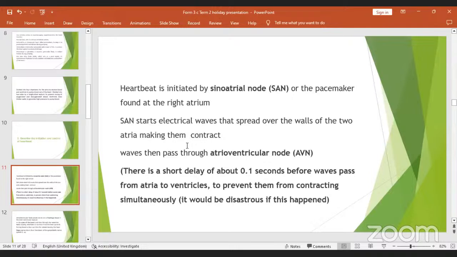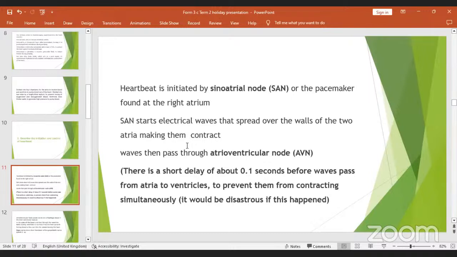Now, this one is not important in your examination, but it's good for you to know that when this process is taking place, there is a short delay. Remember the auricles are receiving blood and then contracting to push that blood down to the ventricles.